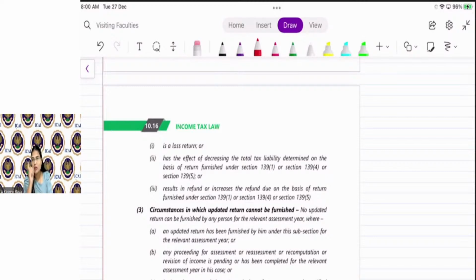So in case of loss, or in case of increased refund, or in case of decrease of tax liability as compared to original return, you cannot file updated return.